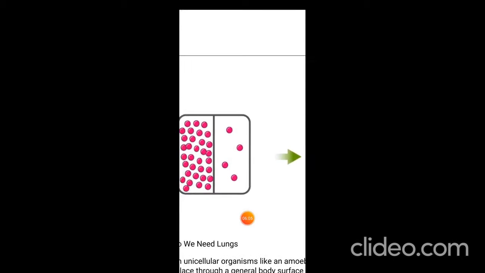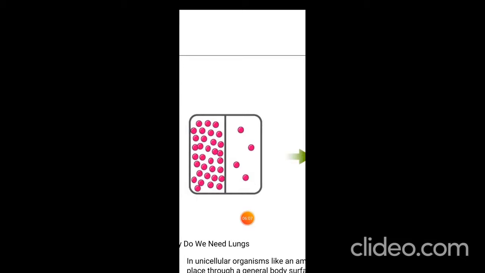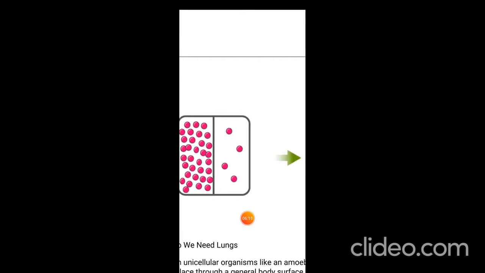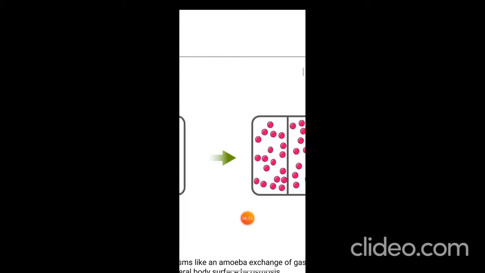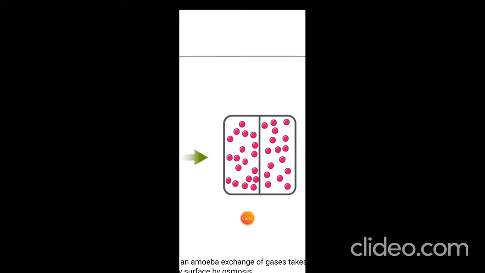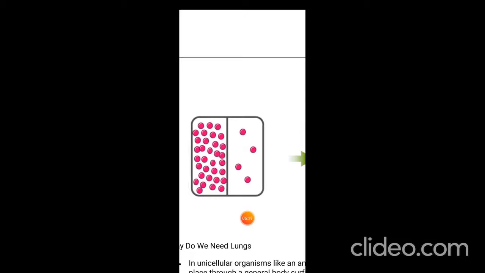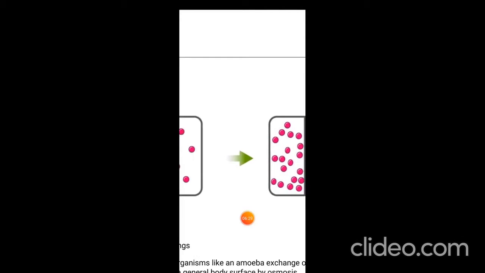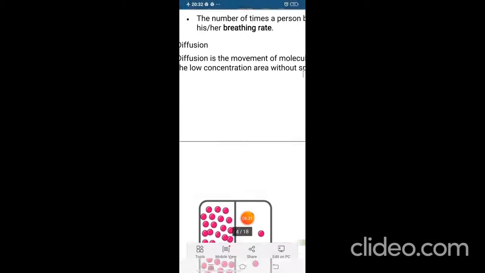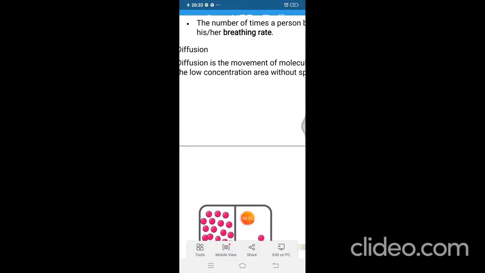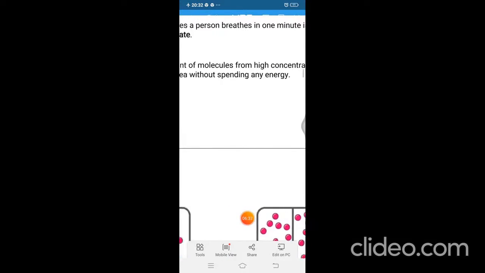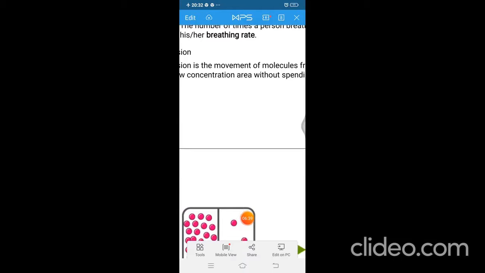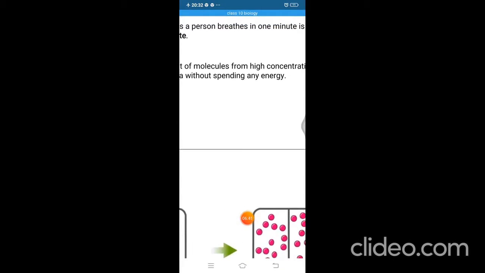In one column the red dots are more, and in another column the red dots are less. But when we see the next column, there is a movement from the area with more red dots to the area with fewer red dots in order to maintain equilibrium. This process is known as diffusion. That means the movement of molecules from a higher concentration to a lower concentration area without spending any energy.